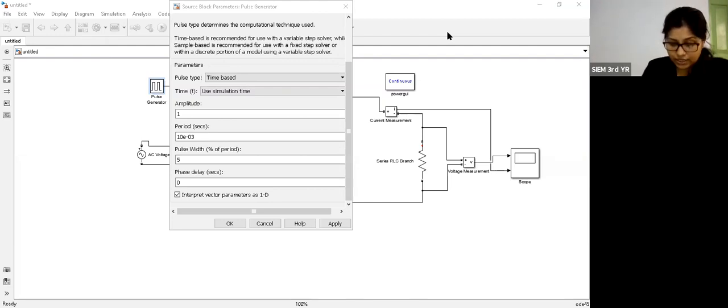Half cycle, that means 180 degree, is equal to 10 milliseconds. Hurry up, calculate. So 30 degree is the firing angle for the first thyristor.